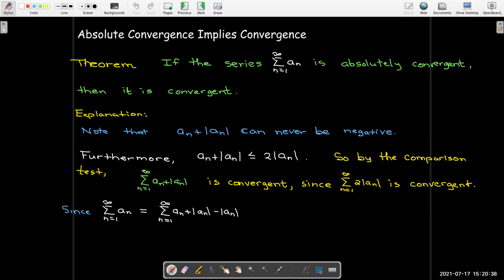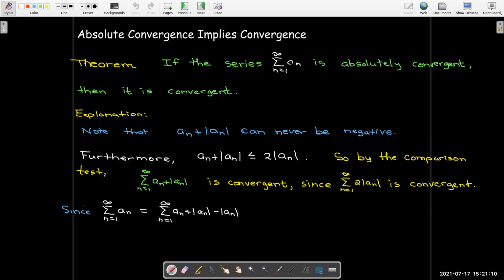Well, now what I can do is look at the original series, and in each term, I'll add in the absolute value of the term and then subtract it out. That doesn't change the series, it just writes it in a different way because I'm just adding 0 to each term. But now I can view this as two series that I know are convergent. I just established that the series whose terms are a sub n plus the absolute value of a sub n is convergent.